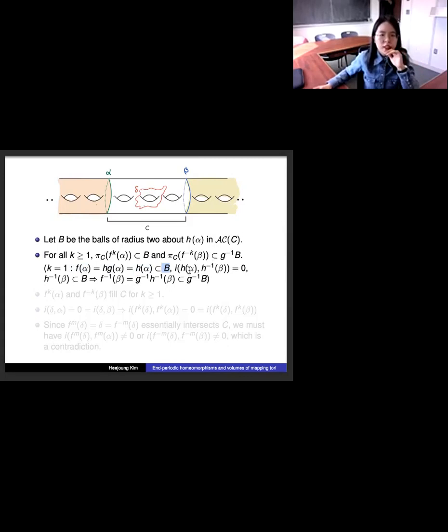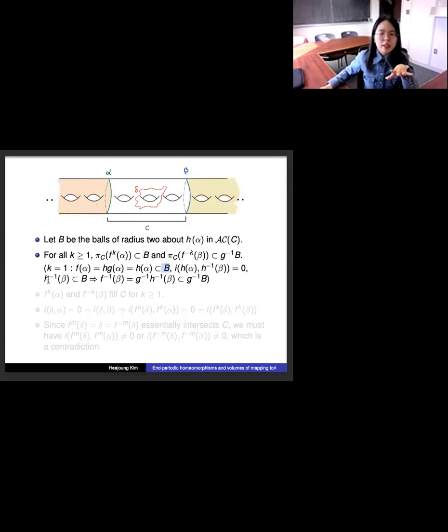And now let's think about the second relation. Since H alpha and H inverse alpha do not intersect, right? H alpha maybe here, shifted by 1, and then H inverse alpha maybe here. So they don't intersect.